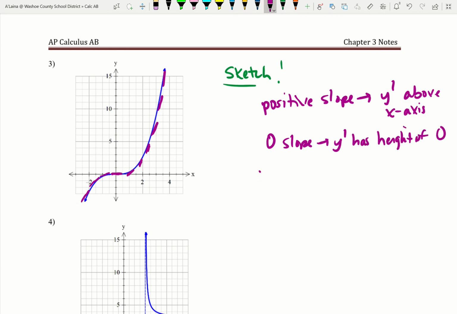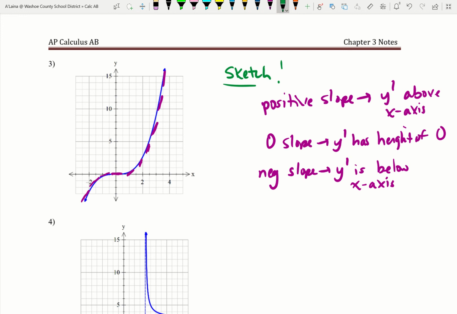And then a negative slope would mean that y prime is below the x-axis. Now for this particular function, it's continuous. There are no sharp turns, and there's no place where I have a vertical tangent line. So the derivative is going to be defined everywhere, so I'm not going to have any holes in the graph like I did for example 2.